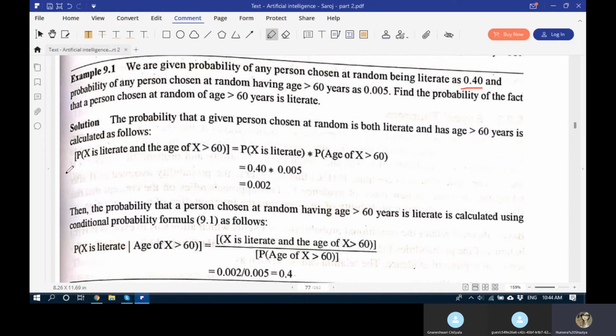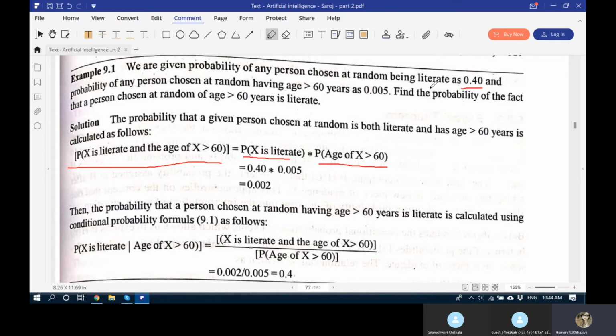So how can you solve here? This is x is literate and the age of x is greater than 60. You are splitting this into x is literate multiplied by age of x greater than 60.